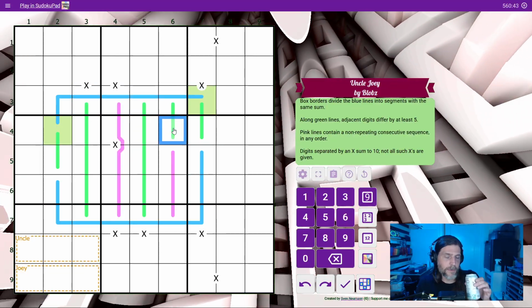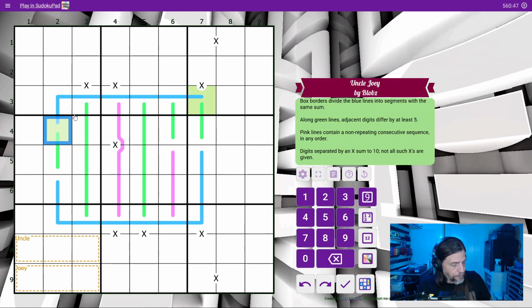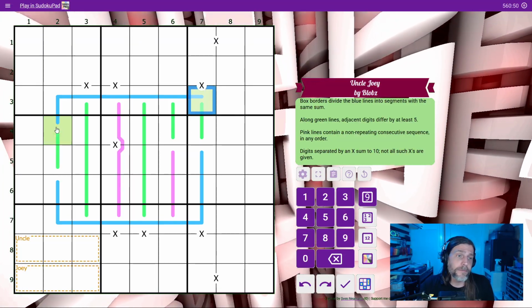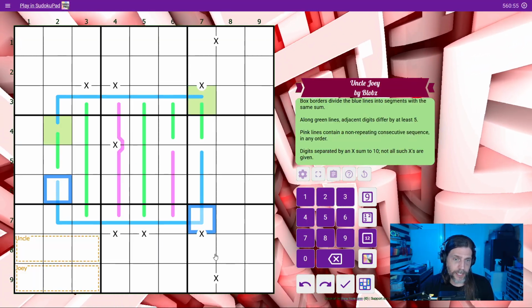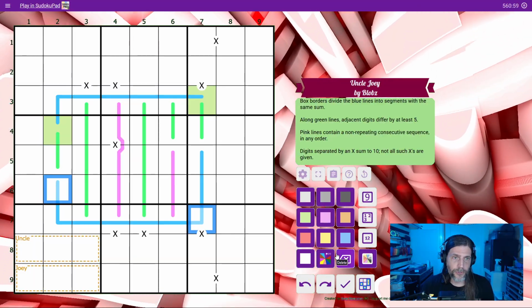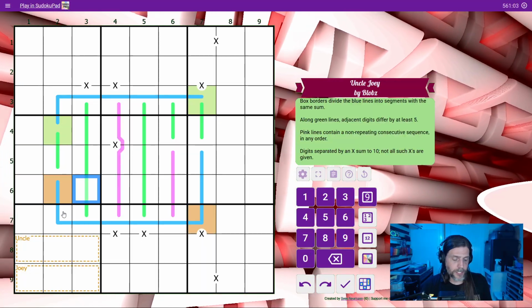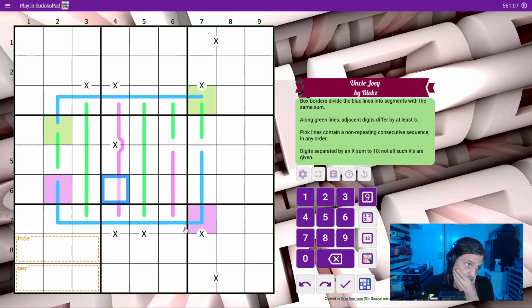Because this is a region sum line and these are individual cells on a region sum line. Also, these are individual cells on a region sum line. So it is also true that these are the same digit.